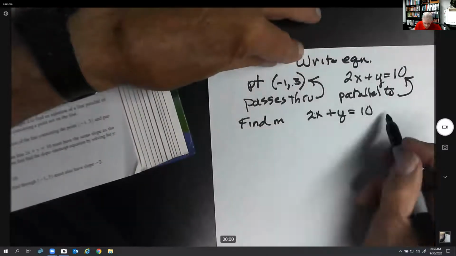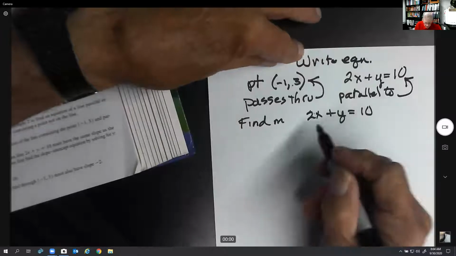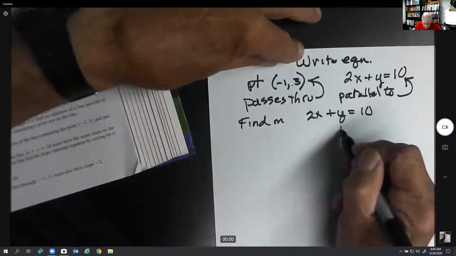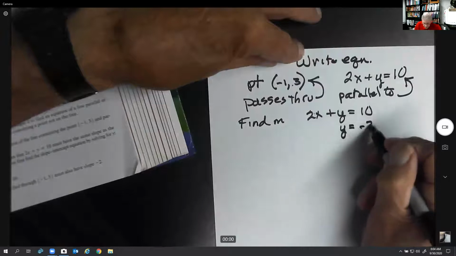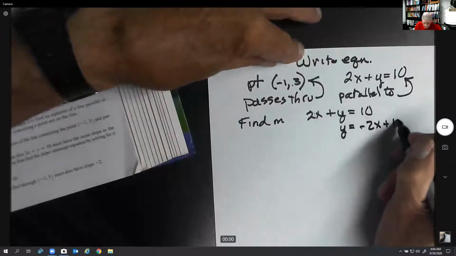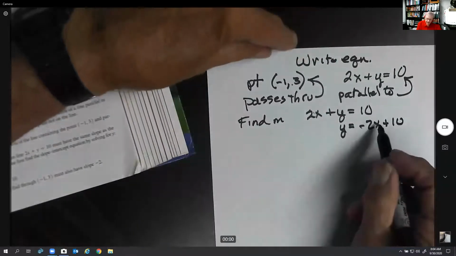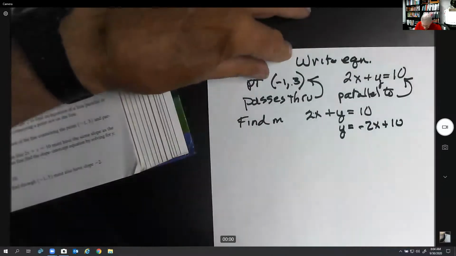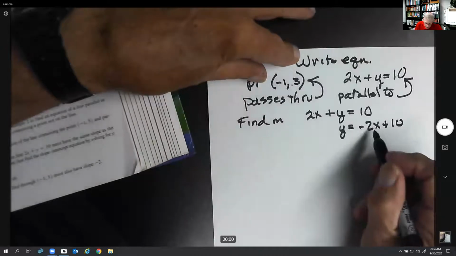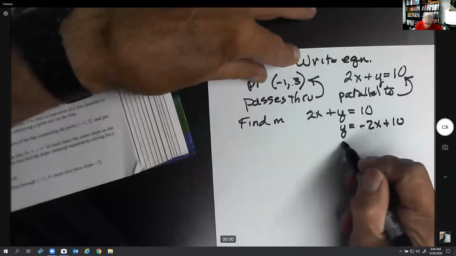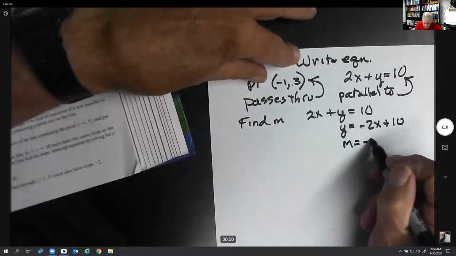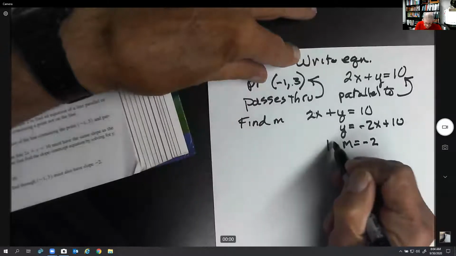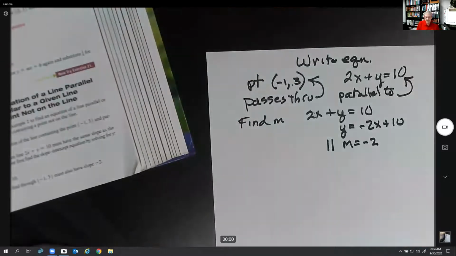Let's bring this 2x to the other side, or add a -2x to both sides. And because it's parallel to this, it's going to have the same slope. The slopes are equal. So m is going to be -2 because it is parallel. Okay, so we found m.